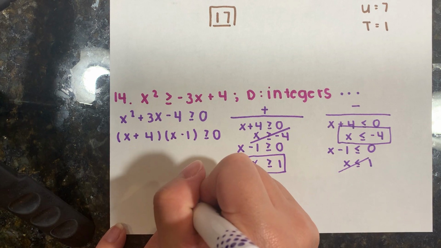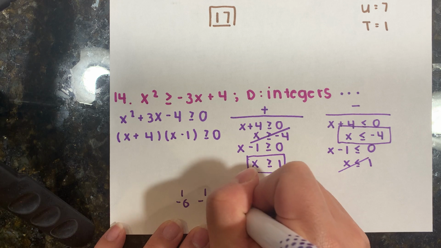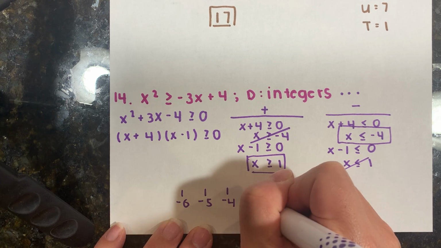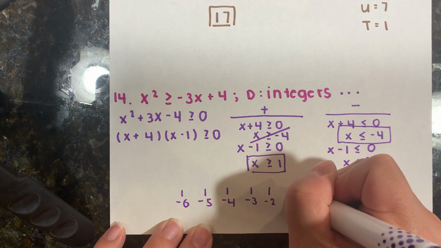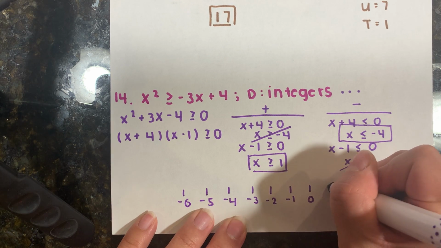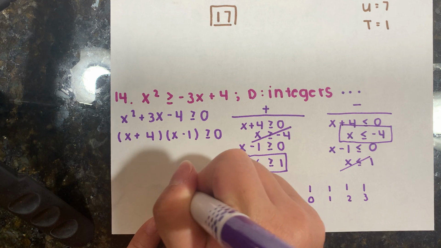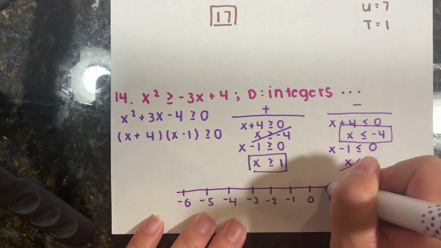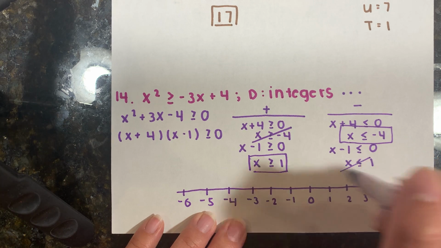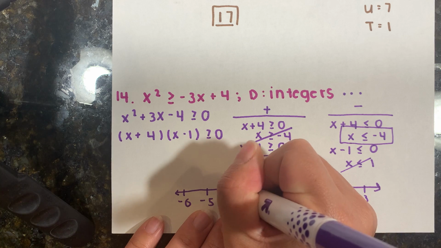So now on my number line, I would start with -6, -5, -4, -3, -2, -1, 0, 1, 2, 3. So there's your number line. My two endpoints are going to be -4 and 1, and those are both going to be filled in.